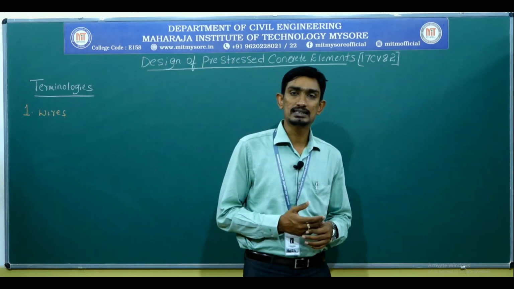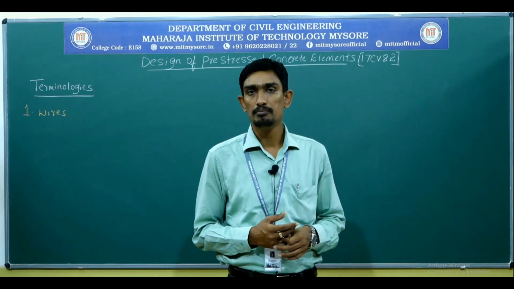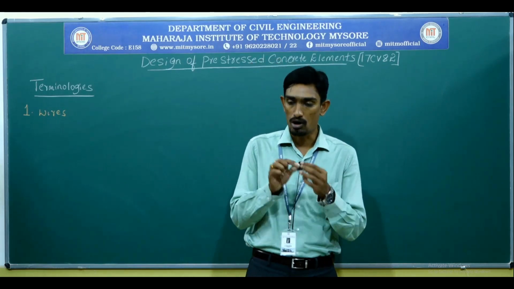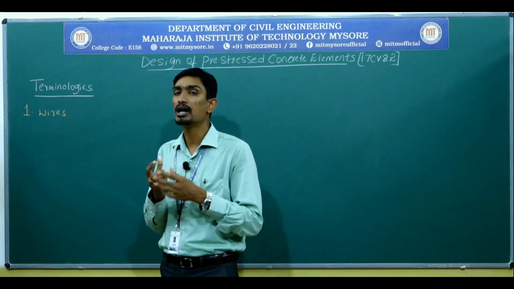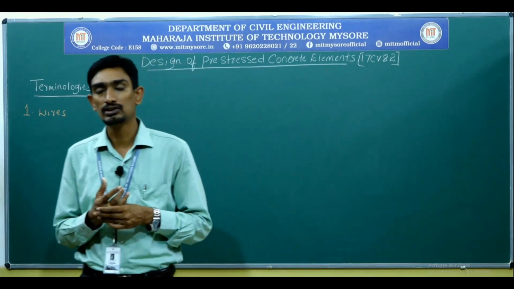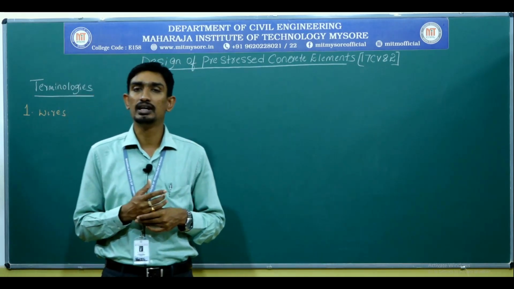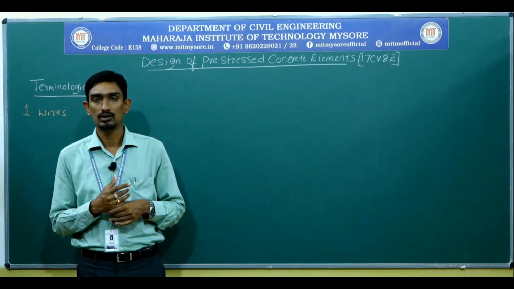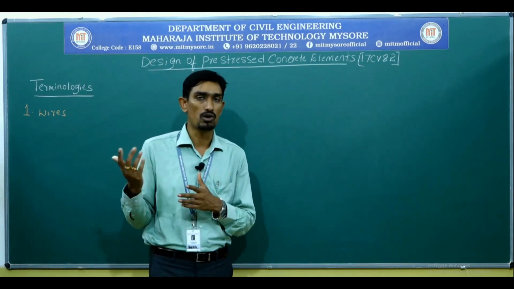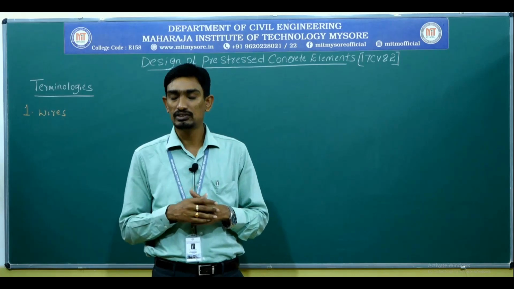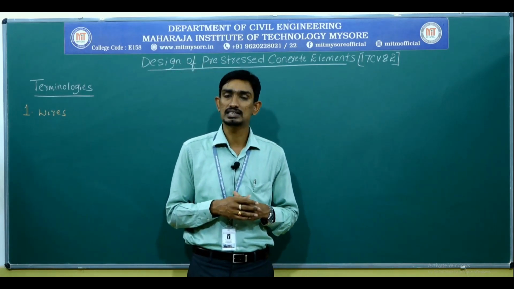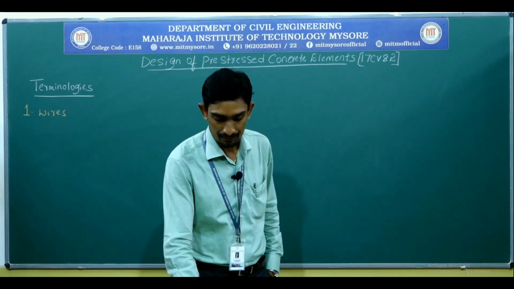A wire is a single unit made up of steel. It is a product, a single unit made up of steel, and it will be of different diameters, 2 mm, 3 mm and so on. So this will be called a wire.